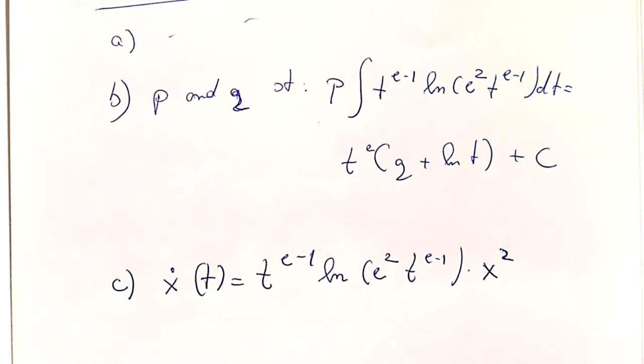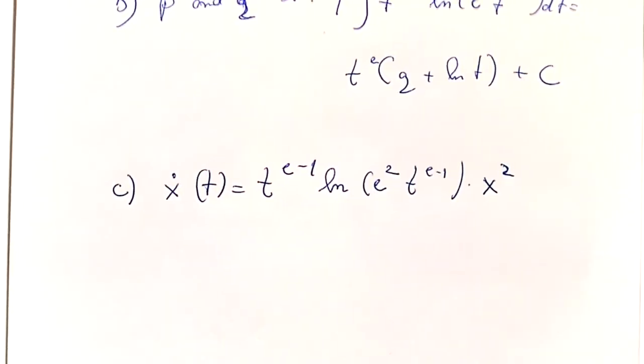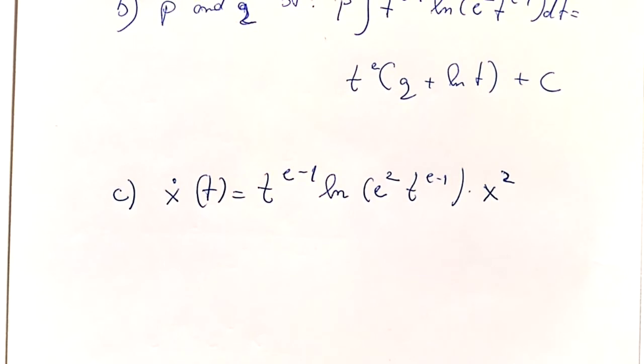Okay, you're asked to solve this differential equation. And it might look ugly and you might get lost, but if you just take it step by step with the notations and everything, it's going to be just fine.